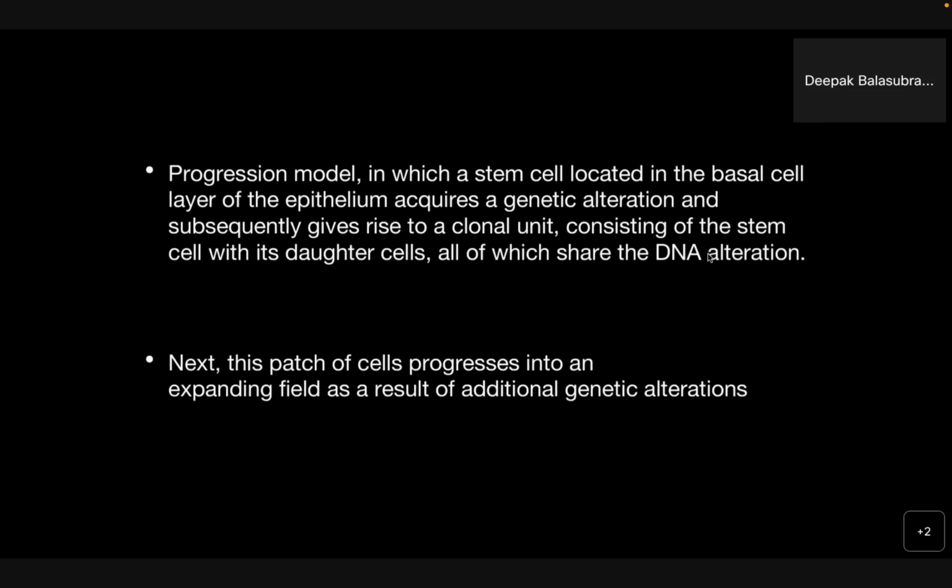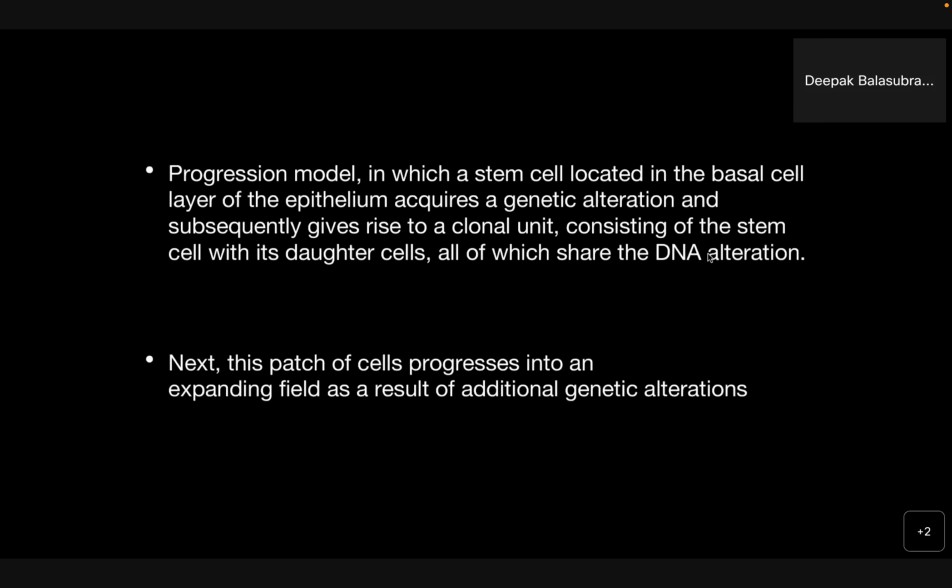So usually what happens in field cancerization, there is a progression model. There is a stem cell in the basal layer of the epithelium, and it results in a clonal unit consisting of the stem cells with daughter cells, and these share the DNA alteration along with the remaining cells of that unit.